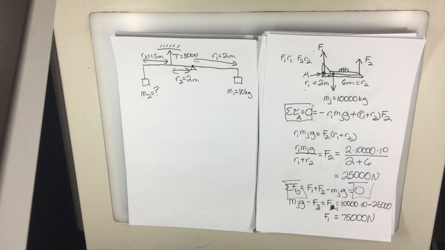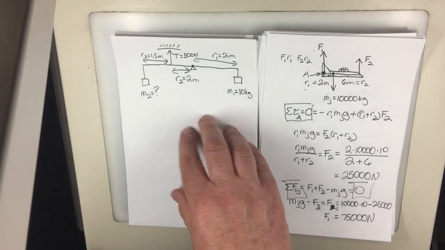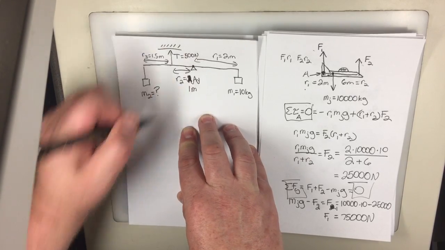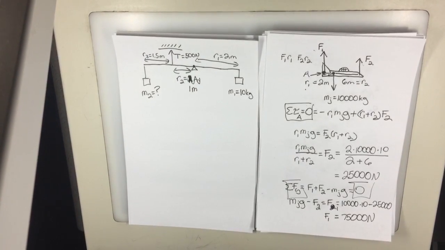It's a torque bar problem. We've got a fulcrum clearly marked by the triangle. We've got a 10 kilogram mass on the right for M1. R1 is 2. R2 is also, well, oh, that's not to scale. Let me make it 1. R2 is 1.